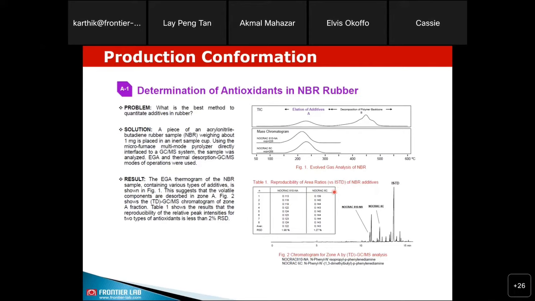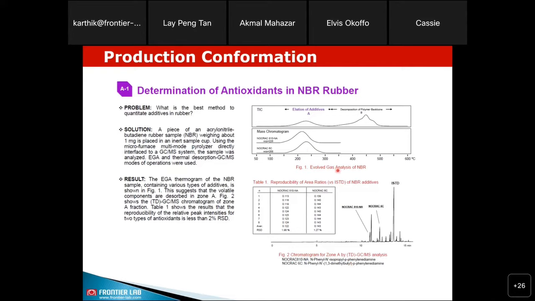So here is the analysis of NBR rubber, this acrylonitrile butadiene rubber sample, for these antioxidants, and this sample has got two types of antioxidants. The NOCRAC 810 is basically the phenyl isopropyl phenylenediamine. The NOCRAC 6C is actually N-phenyl 1,3-dimethylbutyl phenylenediamine.